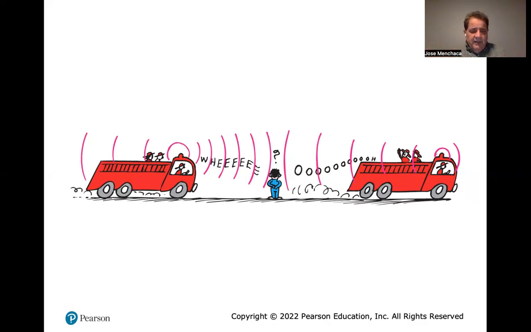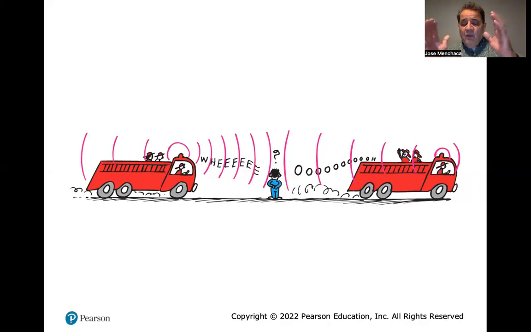We've all had this experience of the Doppler effect, and what they're showing here is that as the siren approaches you, you have the speed of sound coming at you, but you also have the additional speed of the fire engine coming towards you.